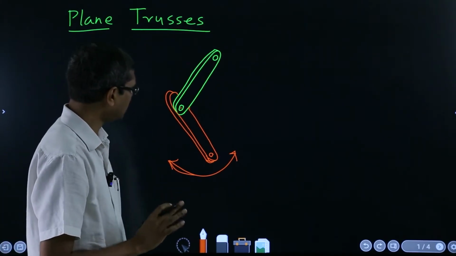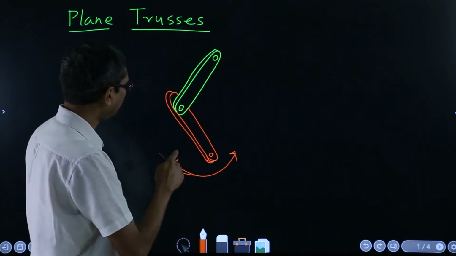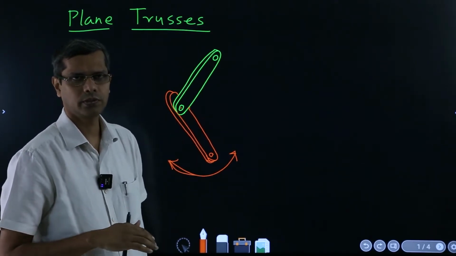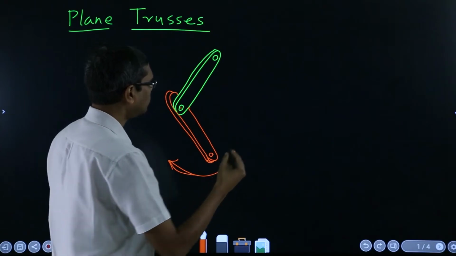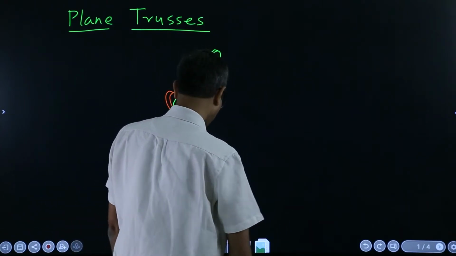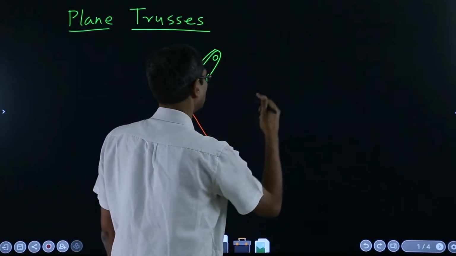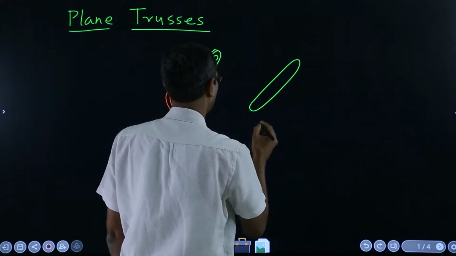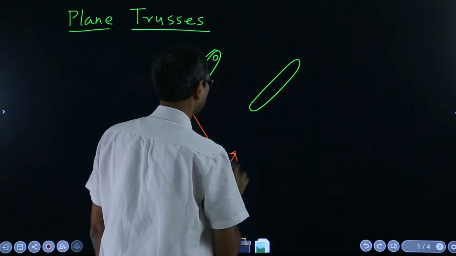So that's the idea, and then we don't show the thicknesses of these members, and we simply draw like this. The actual version which will be drawn will be something like that.